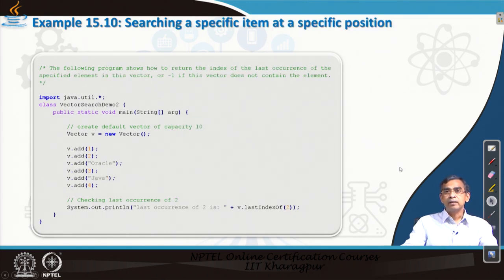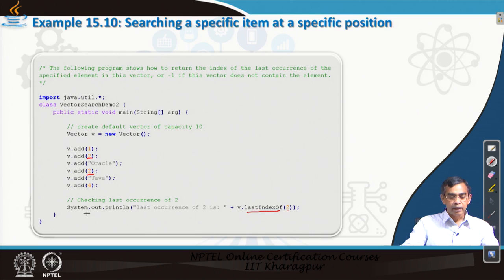Here again, searching can be done over the entire list, but it can also be done for specific elements. Now, searching for the last occurrence or an indexed element, for example, the lastIndexOf method, is very interesting. Here, in this particular vector that you have created, 2 occurs 2 times, for example at the second location, and then again at the fourth location.